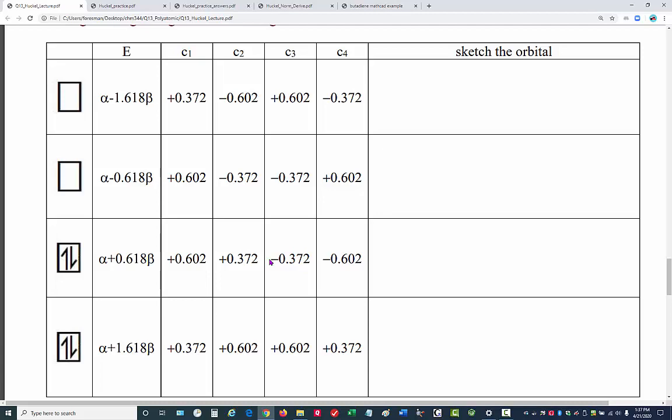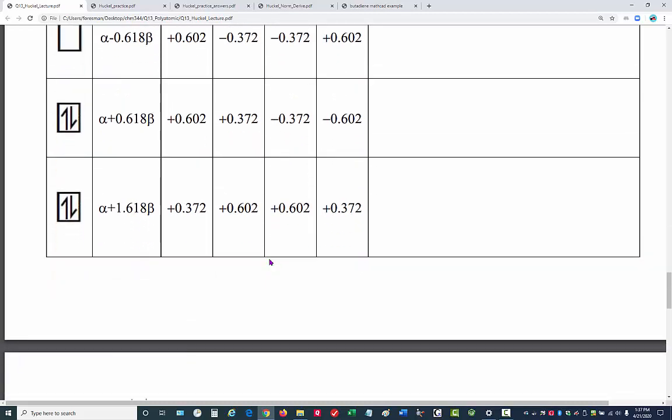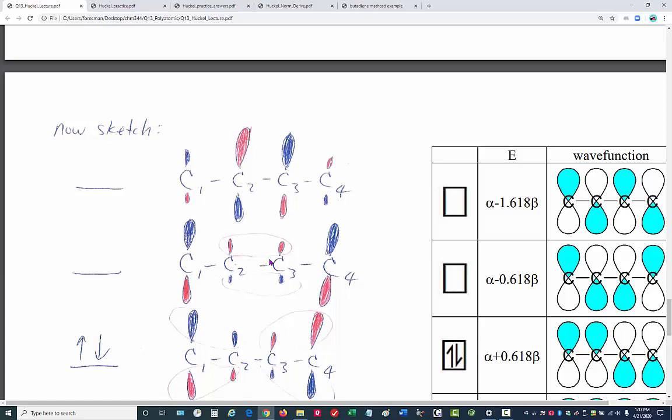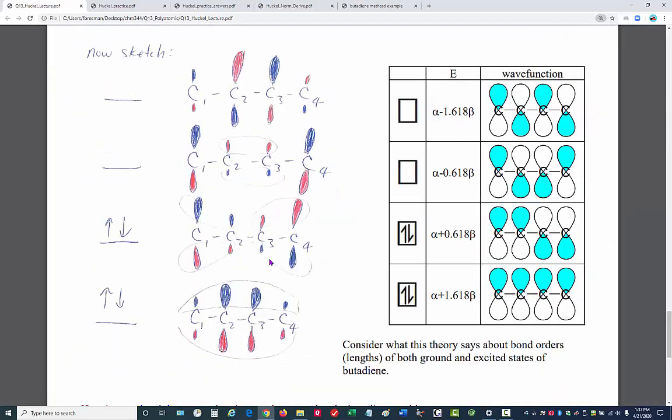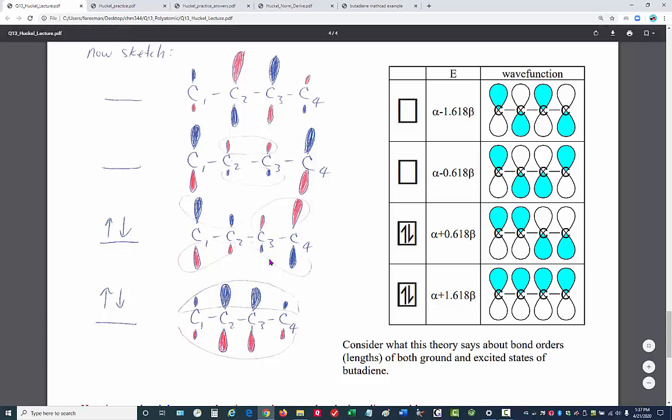That was the description. Now let's look at what that means in terms of a sketch. Here I've done a sketch by hand that gives a good sense of the relative magnitude of each contributor to the MO.